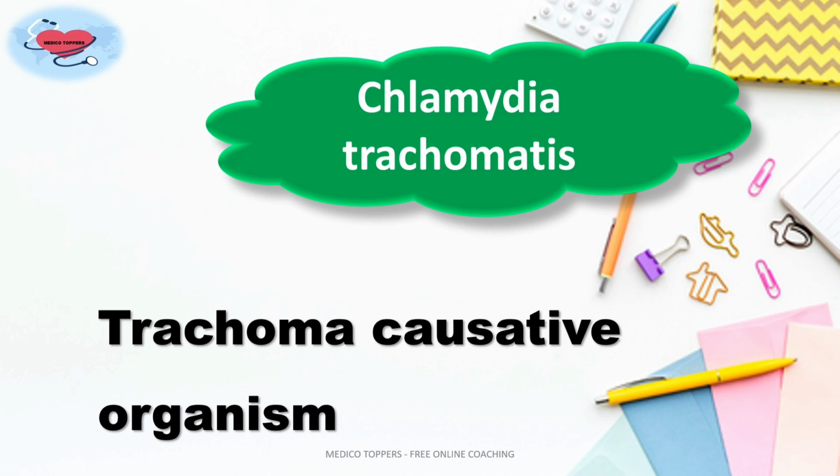Trachoma is transmitted by direct contact with fomites, eye secretions, using the same towels, and by flies, etc. So A to C trachoma, D to K inclusion conjunctivitis.